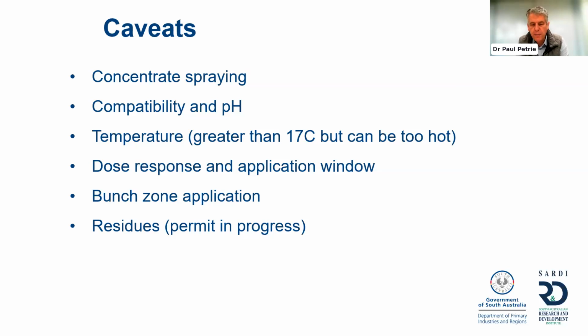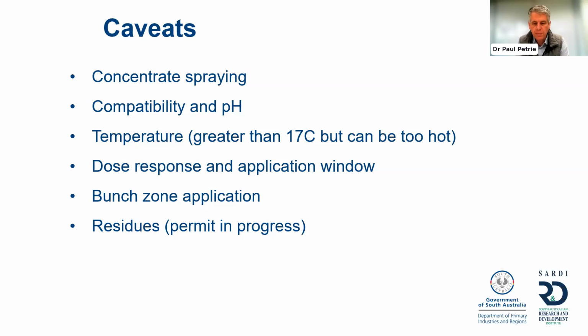As far as permits for application go, we had a special use permit at the lower rate, the 400 milligrams per litre, during last season. For this season, we have applied for a special use permit at the higher rate, at the gram per litre. That's been submitted to the APVMA in the last couple of weeks, and we're still waiting for feedback.